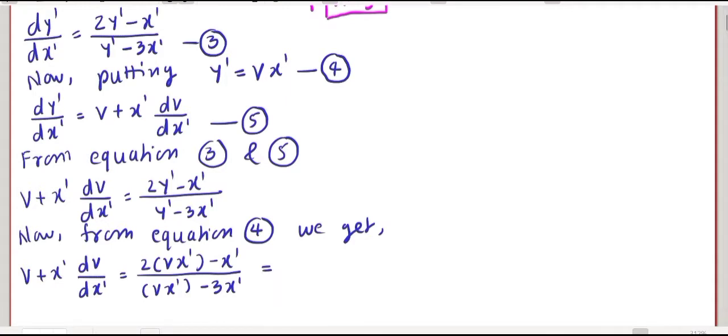Now taking x dash common from the numerator and denominator and cancelling x dash, we get 2v minus 1 divided by v minus 3.